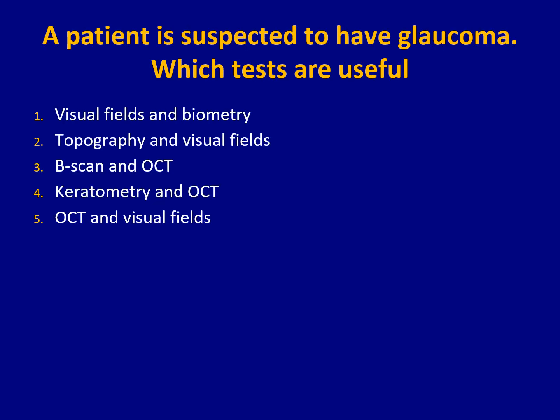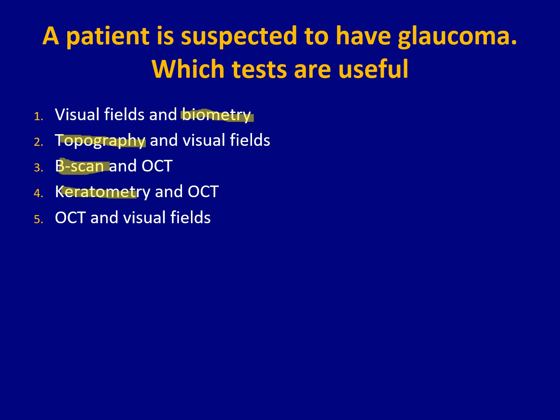A patient is suspected to have glaucoma. Which tests are useful? Visual fields and biometry. Biometry is for checking the power of the implant, so that's not the answer. Topography and visual field. Topography is checking the curvature of the cornea, so that is not an answer. B-scan and OCT. B-scan is to check the status of the eye when the media is opaque, so that's not the answer.